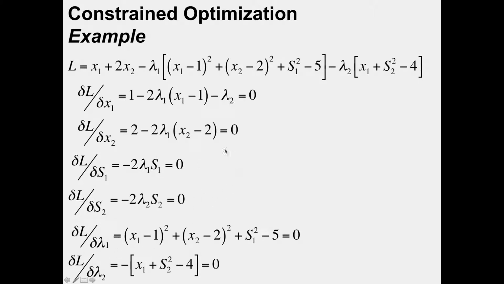And then if we look at these for a minute, we find that lambda 1 cannot be equal to 0, because if it were, 2 would equal 0. That does not make sense, right? So therefore, from this equation, lambda 1 is not equal to 0. Therefore, s1 must be 0. Right? So just looking at the equations, you can find that.